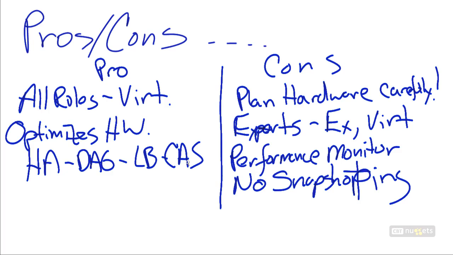But you still get all of these same features. As a matter of fact, you'll find out that you can even combine these with your virtualization platform's high availability features. So besides optimizing your hardware, which is really the big one for virtualization, all of your roles can get virtualized. We still can do all of the high availability.